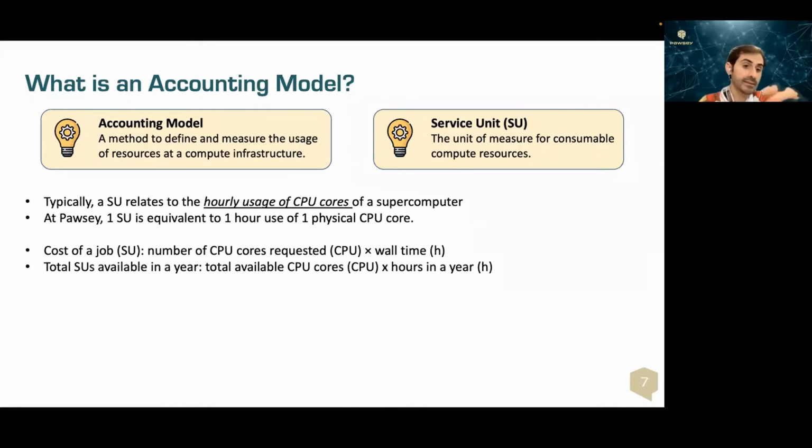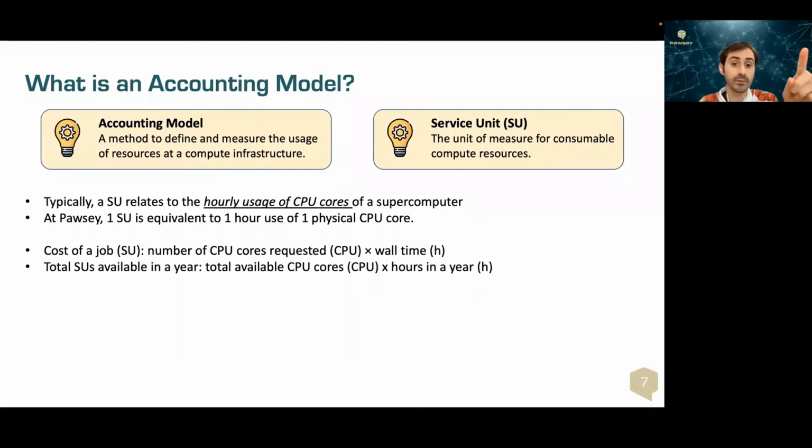So in general, and this is quite a typical setup, a service unit relates somehow to the hourly usage of CPU cores of a supercomputer. And then specifically at Pawsey, one service unit is equivalent to 1 hour of use of one physical CPU core. And to this end, let us just remember that the compute nodes of Setonix, each one of them is made up of 128 cores.